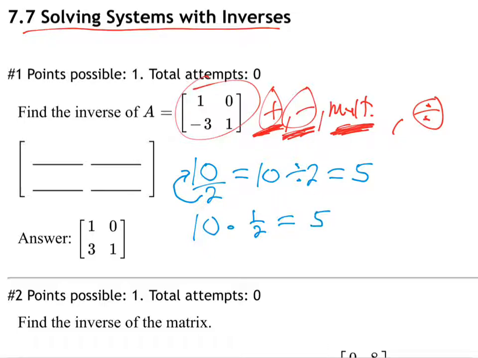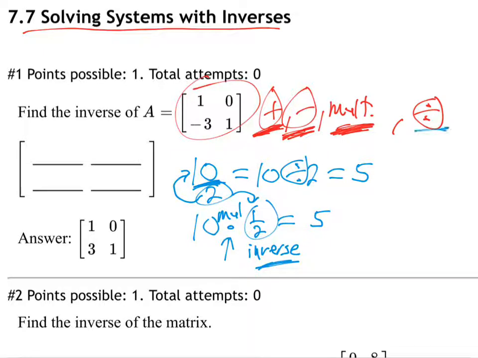So dividing, whether you write it as a bar or with a dividing symbol, is multiplying by the inverse, isn't it? A half is the inverse of 2. So really, dividing is just upside down multiplying. It's multiplying by the inverse.